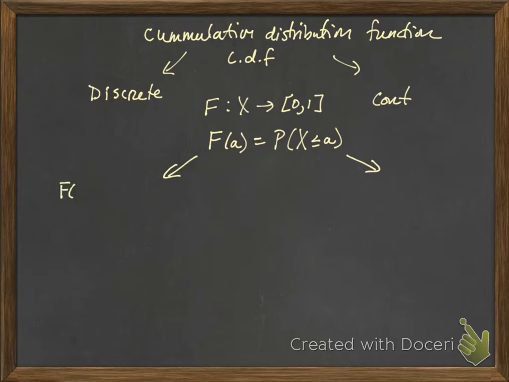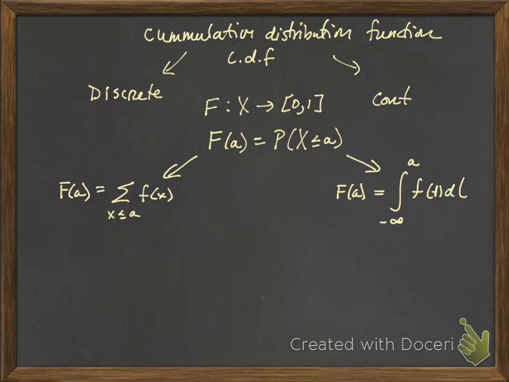That is our CDF. How we calculate it changes depending on if it's discrete or continuous. In the discrete case, we're calculating big F of a. That means we're going to sum up all of our values of our PMF as long as x is less than or equal to a. So we're summing up all the probabilities up to a. In the continuous case, we integrate from negative infinity up to a, f of t dt, or we could say f of x dx as long as it's not the same as our right endpoint.